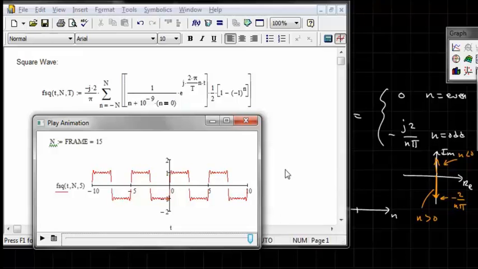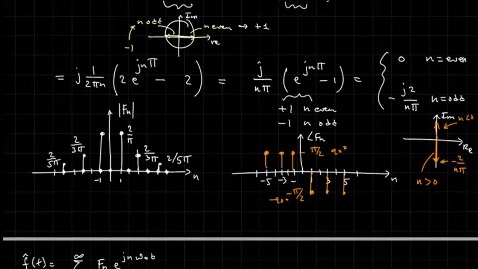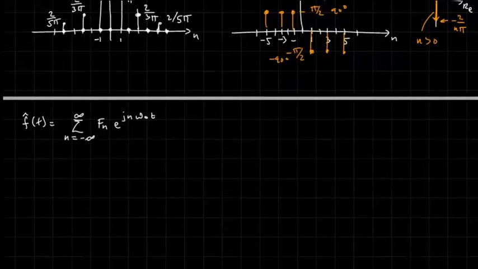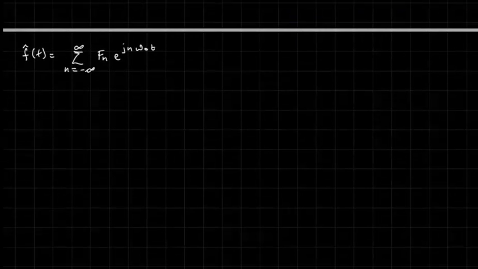Now, we expressed this f of t, or f hat of t, by summing complex exponentials. Now we can do this also by directly summing sines and cosines. I'm going to show you how this relates back to the trigonometric Fourier series.